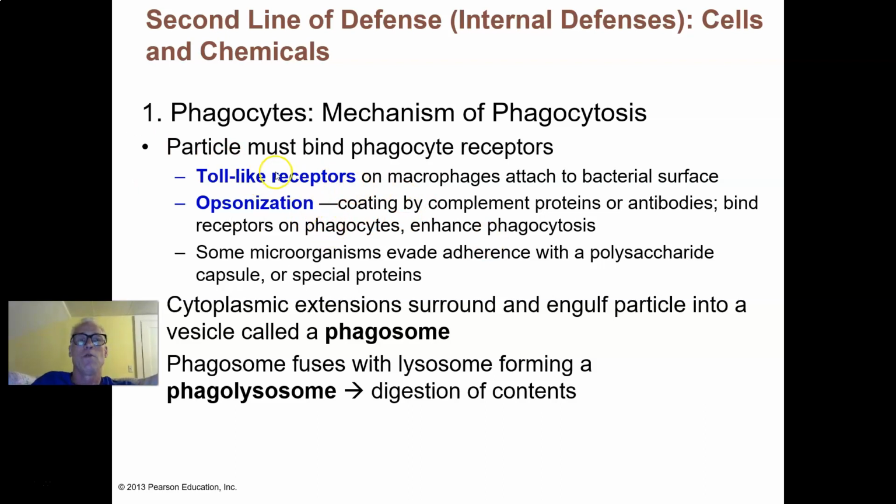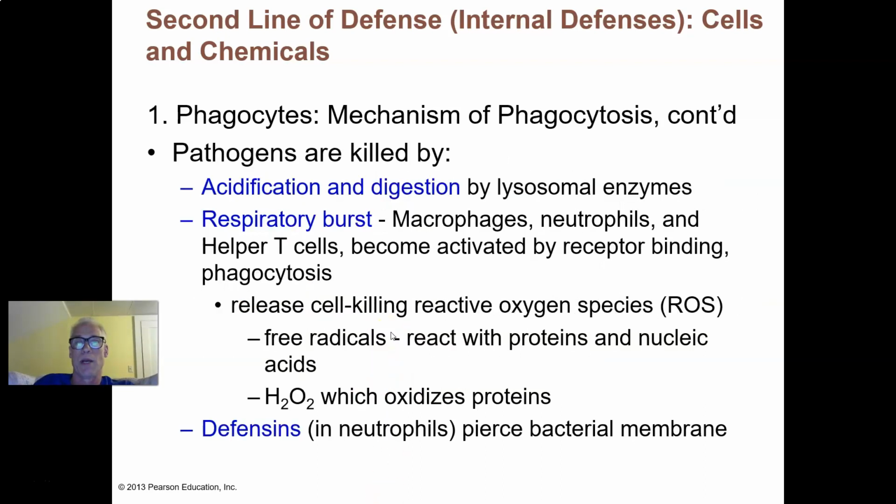Once we bind onto that foreign surface, cytoplasmic extensions, pseudopods, wrap around and engulf the microorganism and bring it inside the cell. Once inside, the phagosome containing the bacteria is fused with a lysosome, a little vesicle full of acid and digestive enzymes, which helps break down the wall of the bacteria and kill it.